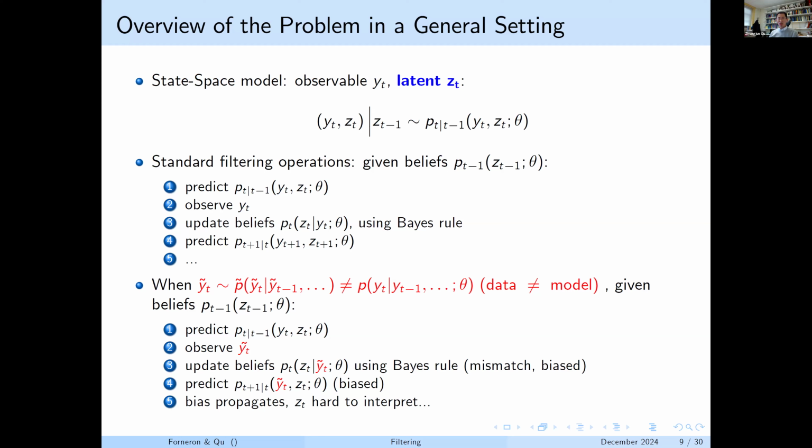Our approach is to borrow from the optimal transport literature, which allows us to add a step between step 2 and 3, so that the mismatch problem is eliminated. I'll present the details in a few slides.